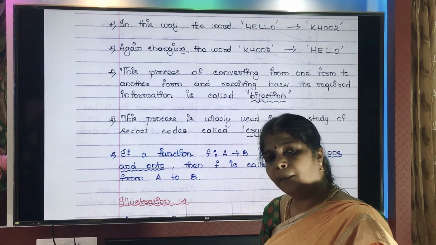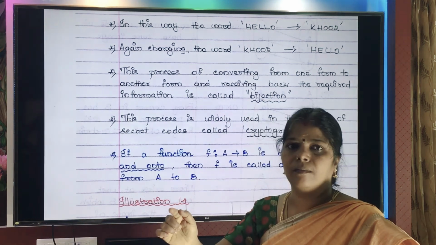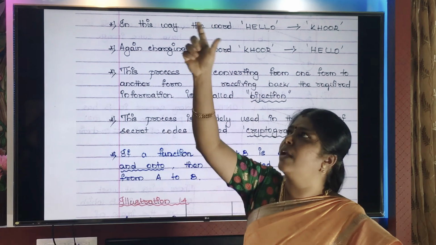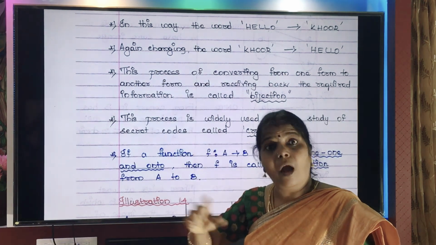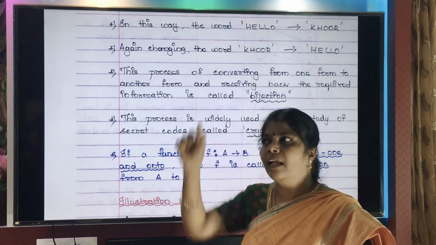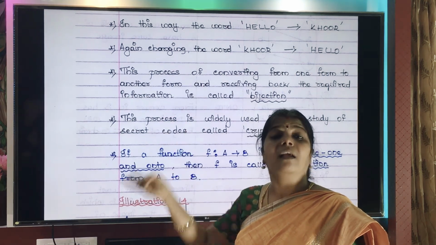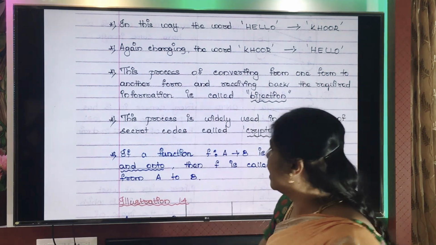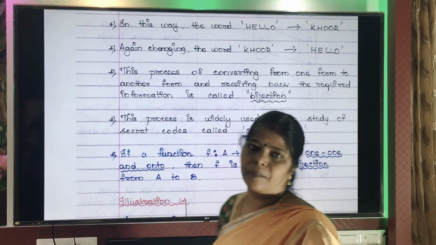What is the meaning? 1 to 1 means different elements should have different images. Onto means range should be equal to codomain. If both are there, then that is called as bijection.